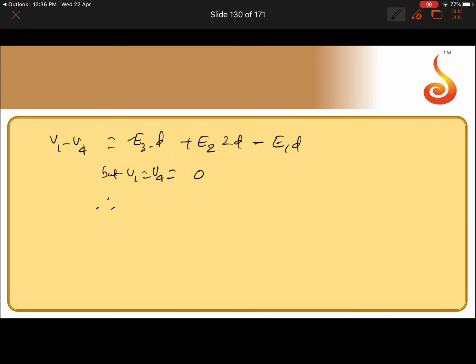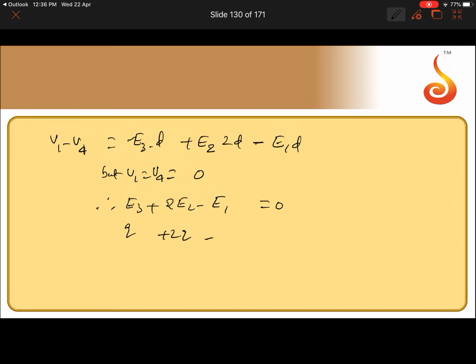So therefore E3 plus 2E2 minus E1 equals 0.